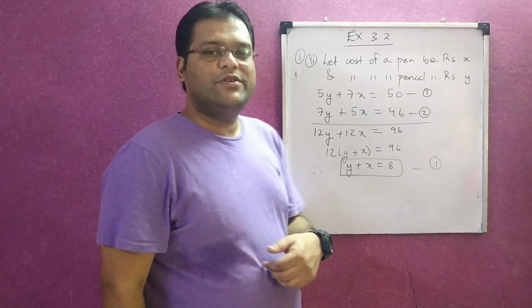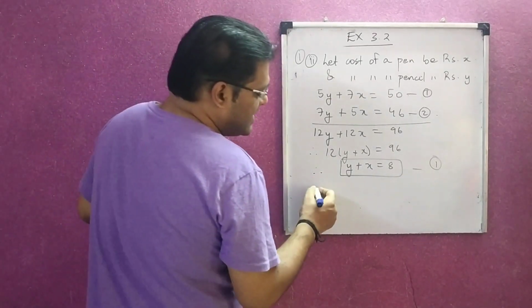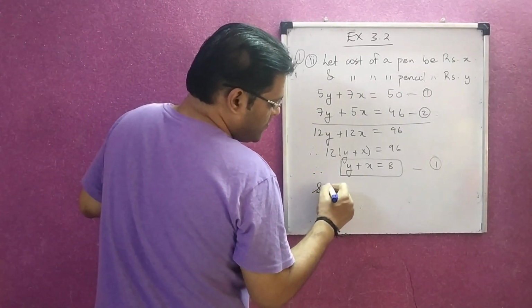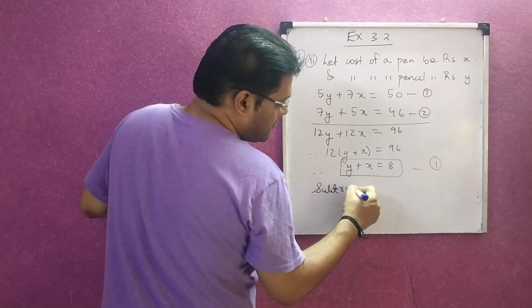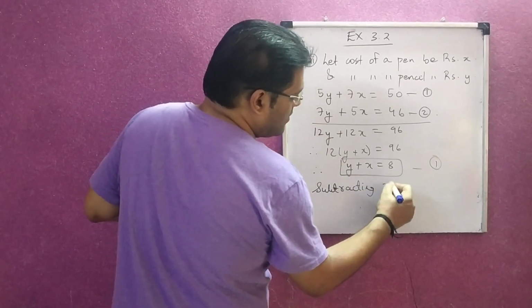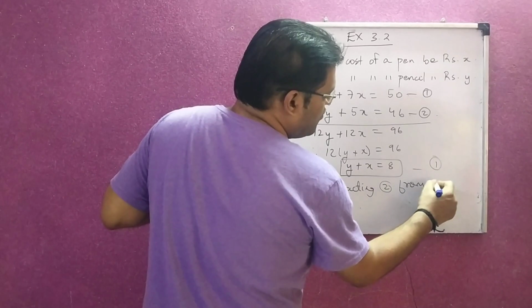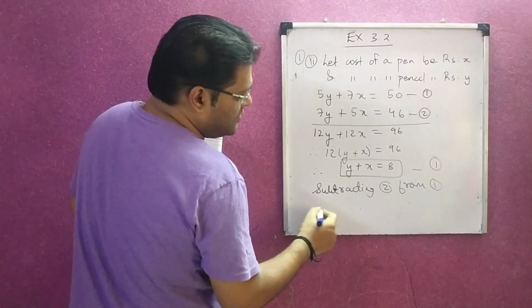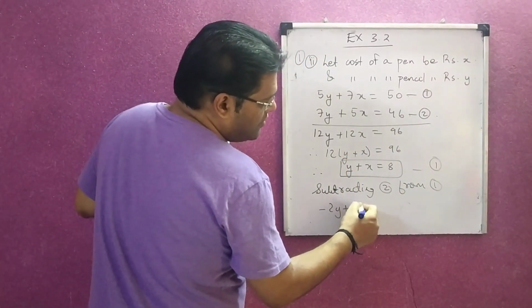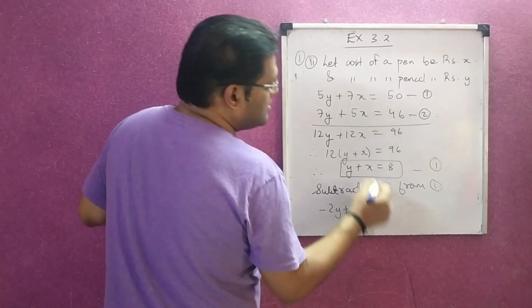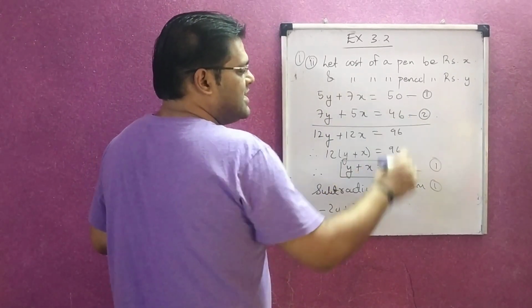Right, now what should I do next? I will subtract the 2. Subtracting 2 from 1, I get minus 2y plus 2x. Right, what am I going to do? Put a minus sign everywhere?